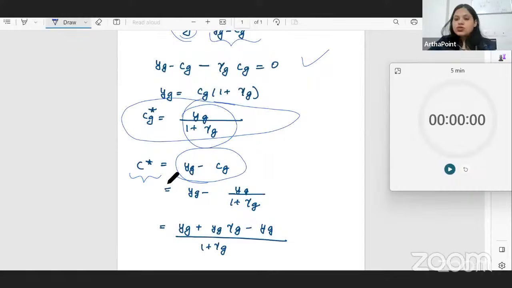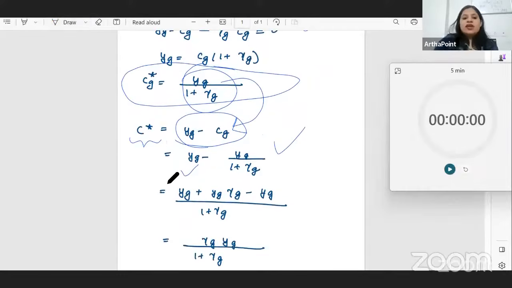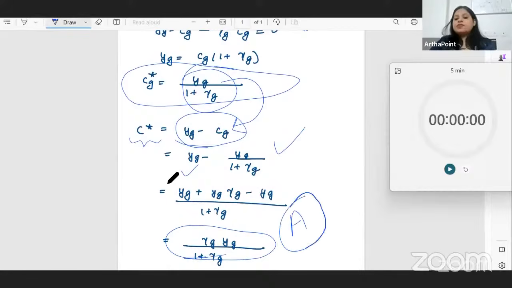So I can do income minus private good consumption, and when I put this value here and solve for it, I will get this answer. That's the answer to your question. So the answer will be A. For those of you who answered A, that's the correct answer.